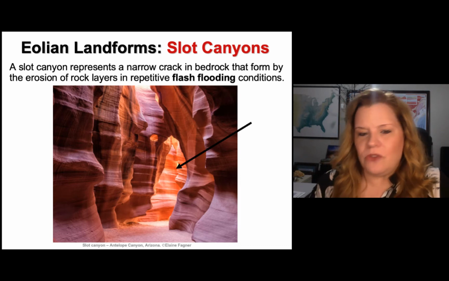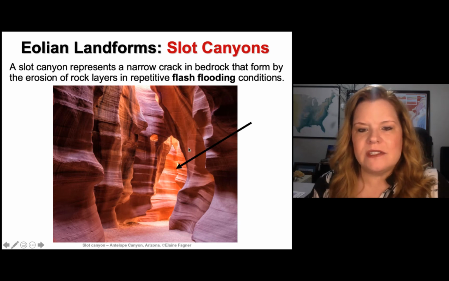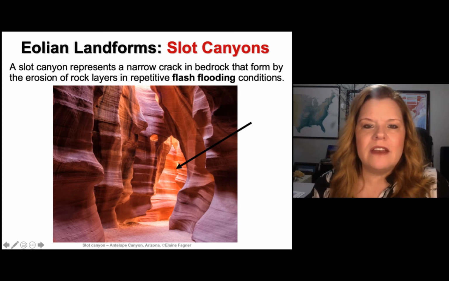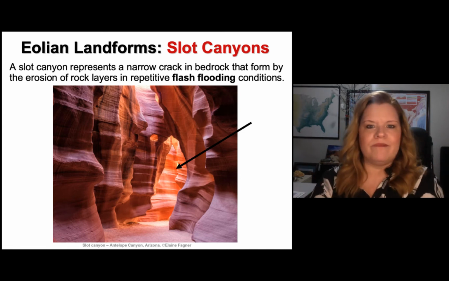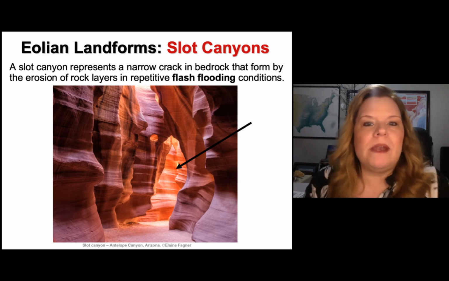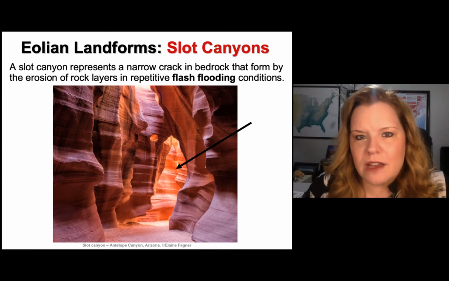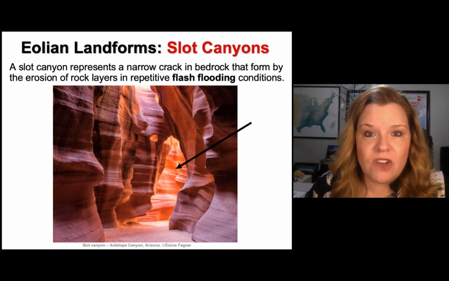And you can almost see where the water picked up sand and abraded the insides of the slot canyon. What it does is cut right through rock, through this Navajo sandstone, and it literally makes an opening. When you see a slot canyon, that's a clue that this area is prone to flash flooding.